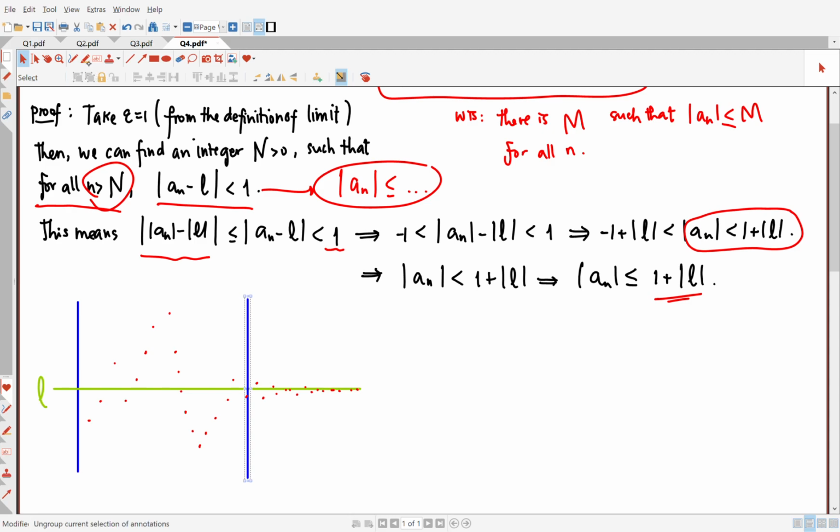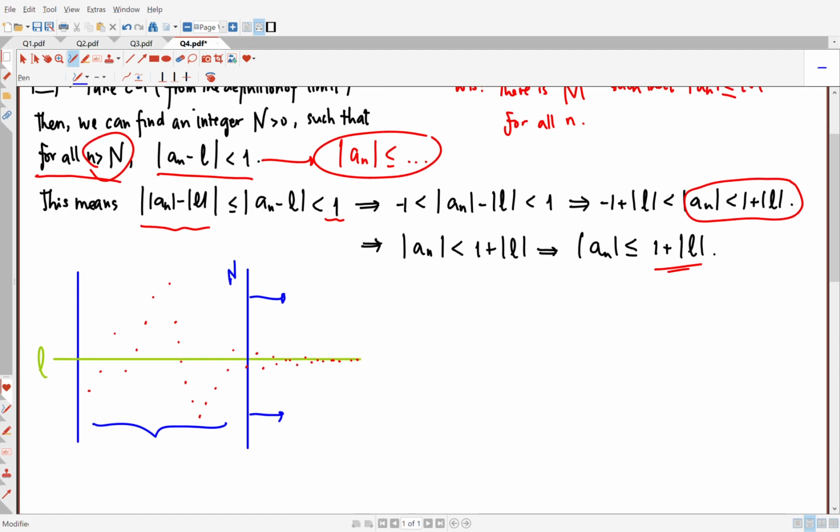This is big N. What we have shown here is if small n is bigger than big N, everything here is bounded. So what we need to do now is just to deal with this part, because if this part is bounded, then we are sort of done, right?